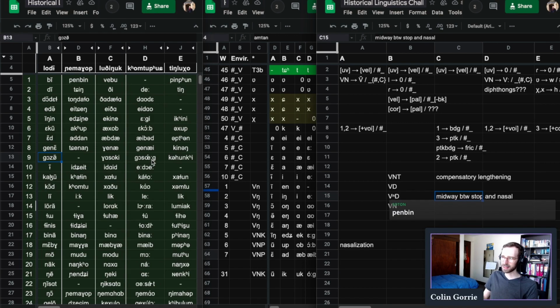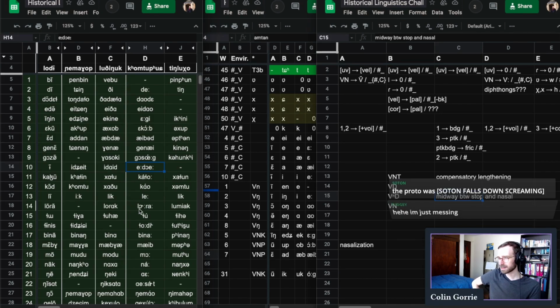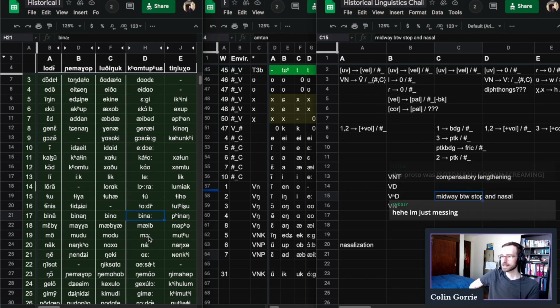It doesn't really explain the length of D, unless we have something like lengthening before voiced stops, always, or something like that, which I guess does happen allophonically in English. Yeah, possible. I'm not sure.